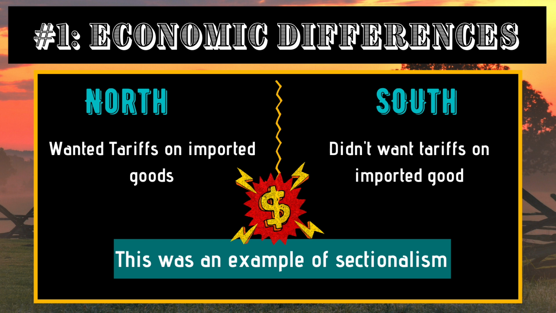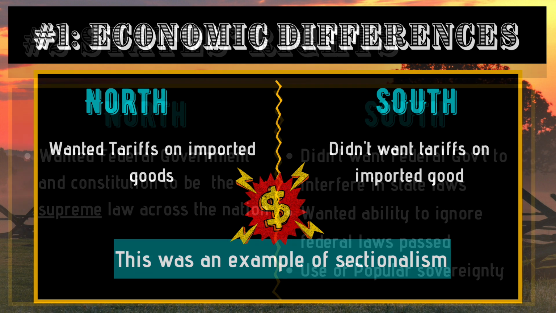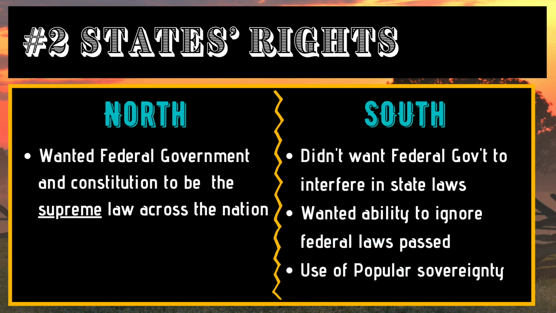They wanted people to buy goods that were produced and manufactured in American factories. And again, that's an example of sectionalism because they are only focusing on what would benefit their region and their region only.